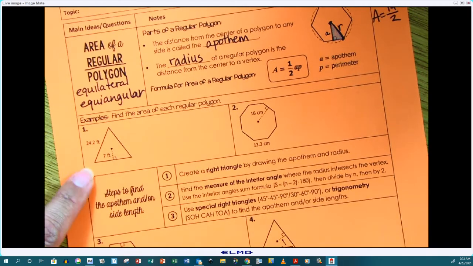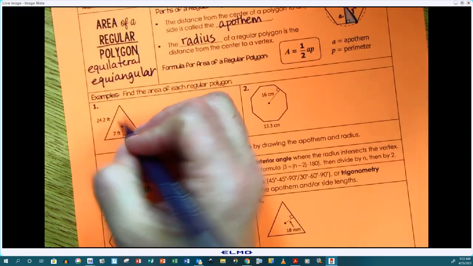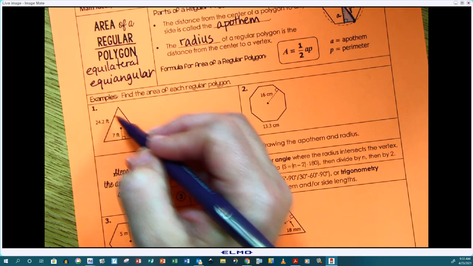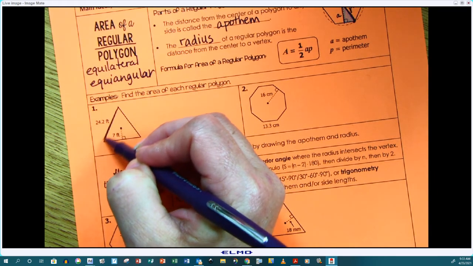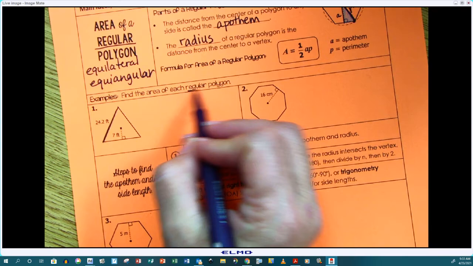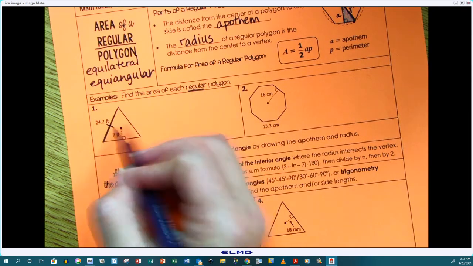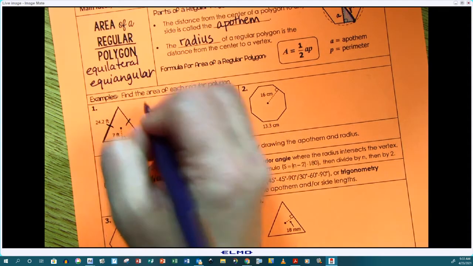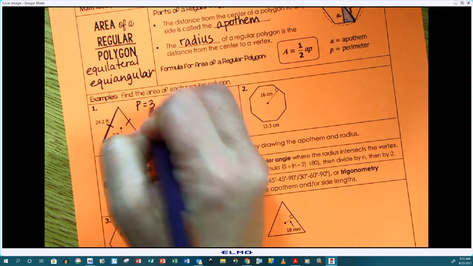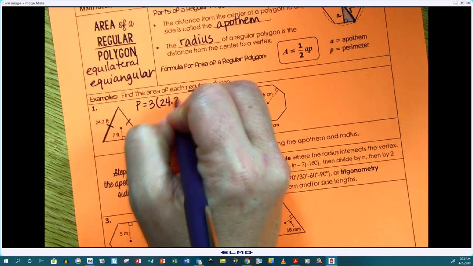So if you'll notice over here in this picture, you've got the side, which is 24.2, and this is a regular polygon. Therefore, all the sides are the same. So that means the perimeter, there are 3 sides, and each side is 24.2.